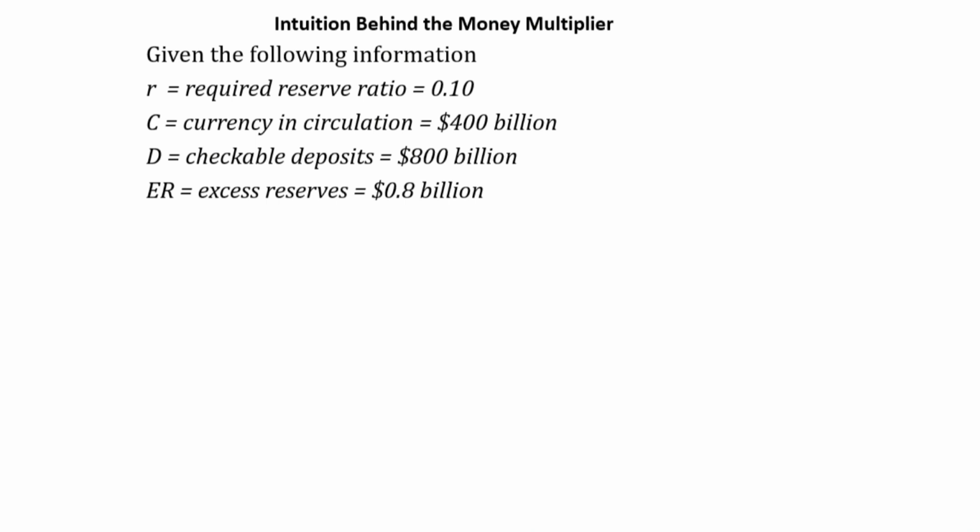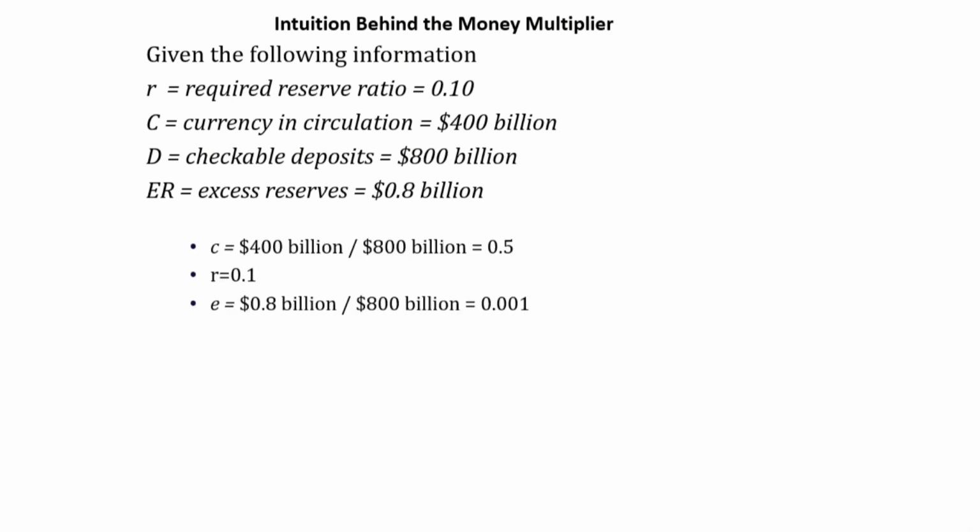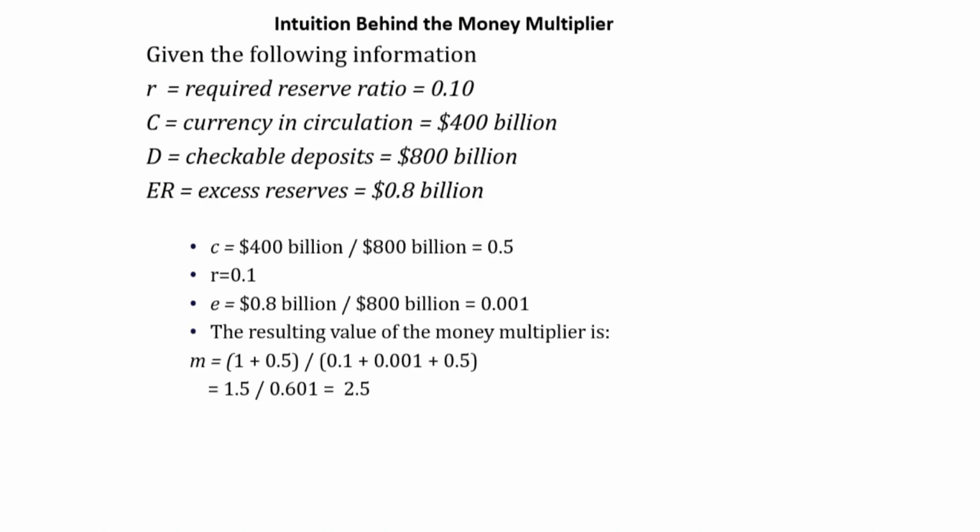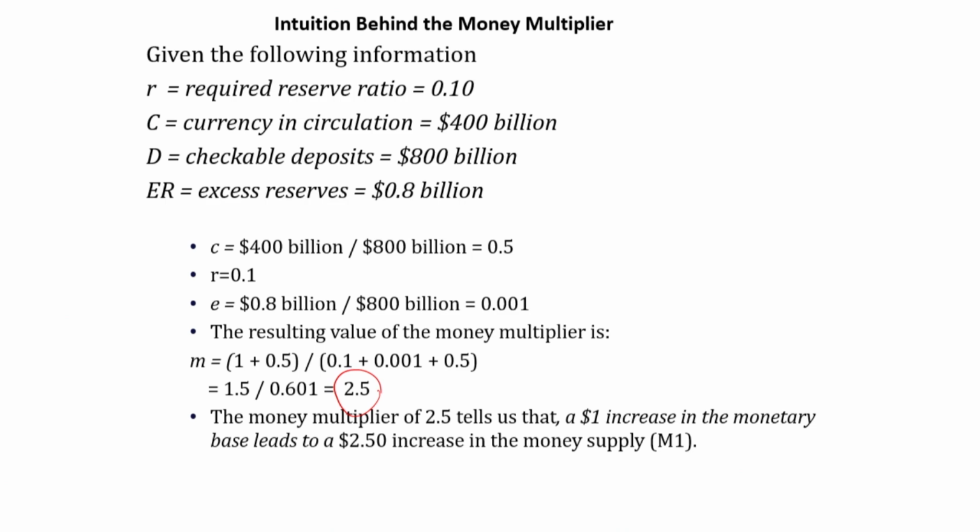Suppose these values are given; plugging them into the formula, you will get a money multiplier of 2.5. So the money multiplier of 2.5 tells us that a $1 increase in the monetary base MB leads to a $2.5 increase in the money supply.